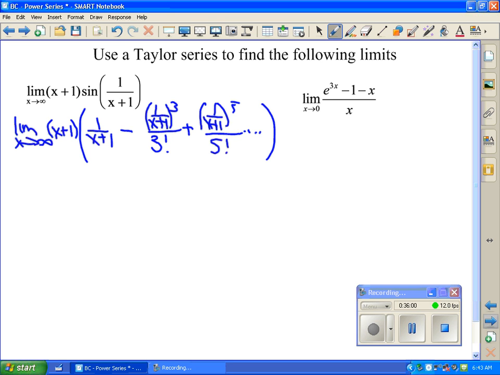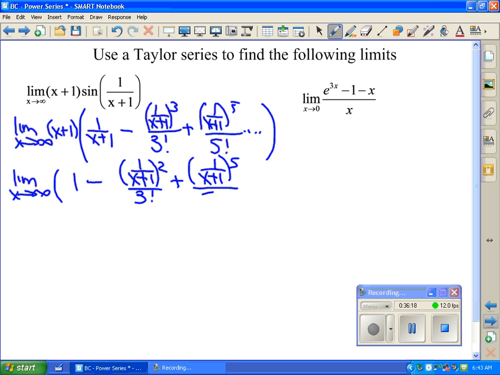Now, if I distribute the x plus 1 through each of these terms, I get the limit as x approaches infinity of 1 minus, this will become 1 over x plus 1 squared over 3 factorial. The next one will become 1 over x plus 1 to the 5th over 5 factorial.